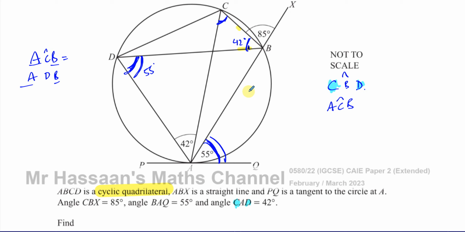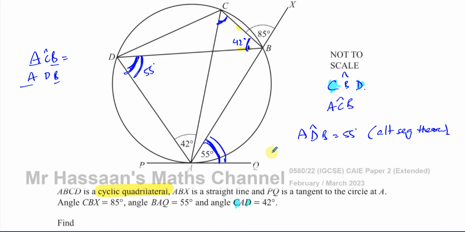So this angle here is 55 degrees, and if this is 55, that's 55. So we can say that angle ADB is equal to 55, by the alternate segment theorem, and therefore what we're looking for is angle ACB.